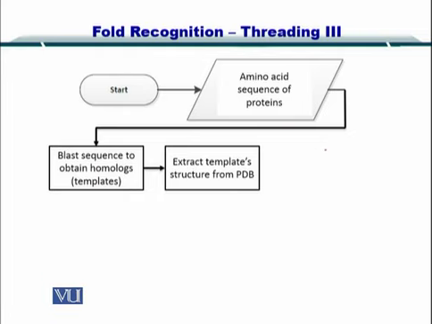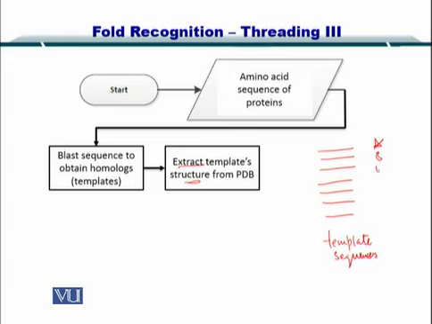So, for example, if you had these sequences that matched very nicely and therefore became the template sequences, now you have to extract their structures. These sequences may have different structures which you can look at from the PDB. So you simply go and find the structure for each one of these sequences in the PDB.